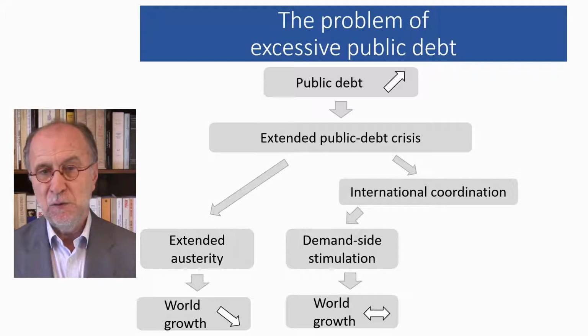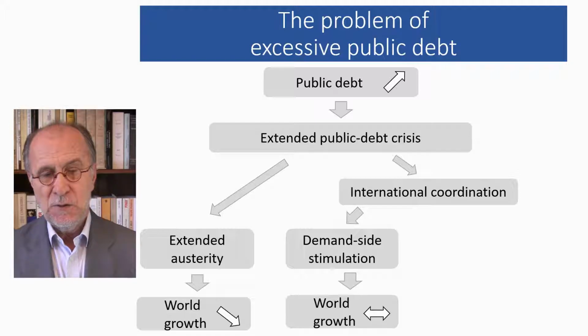And this kind of stimulation, like what is agreed upon during recessions, would not be easy to implement. It would require surplus countries to apply greater stimuli than deficit countries. But that is the cost of maintaining world growth while reducing excessive public deficits.